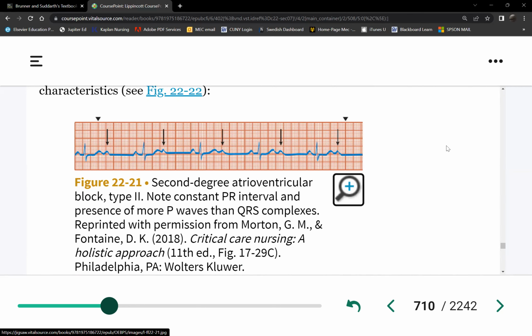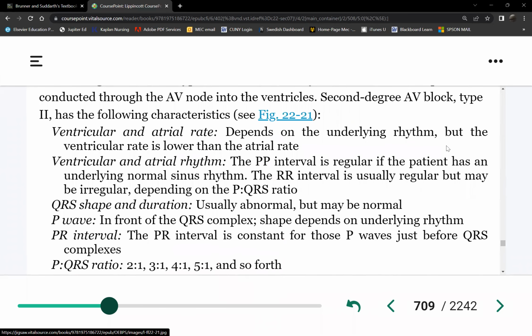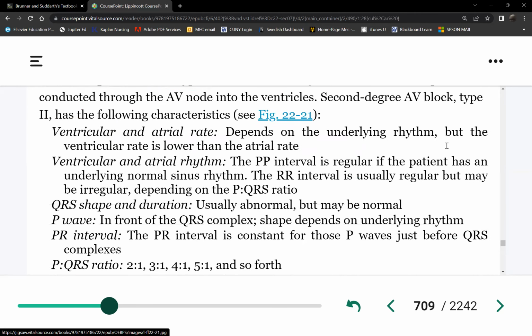Because now your heart rate is really low. It's in the 40s now. But some patients can still be conscious here, may be fine, but we should treat second degree type 2 already. Second degree type 1, we can get away with monitoring these patients.